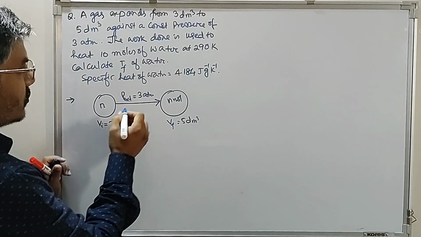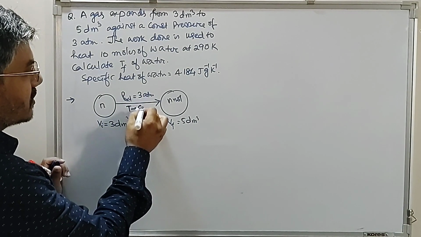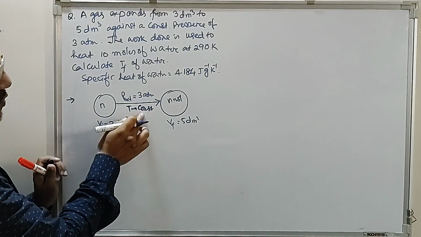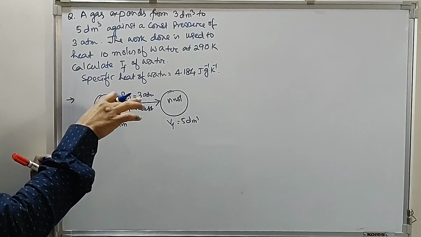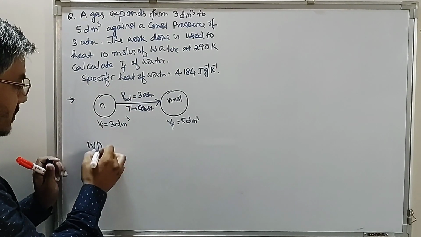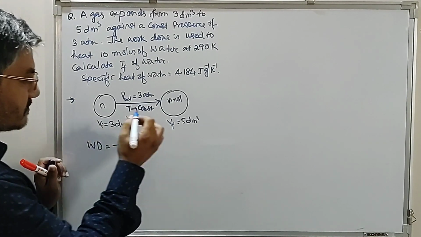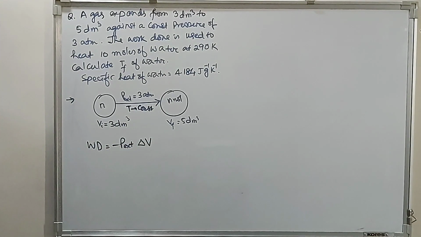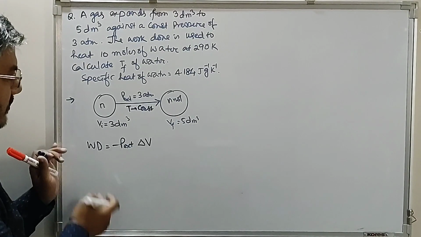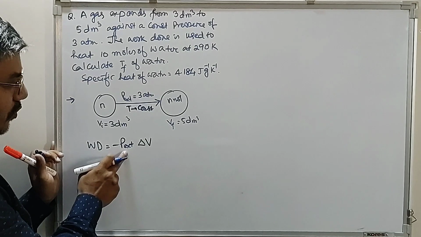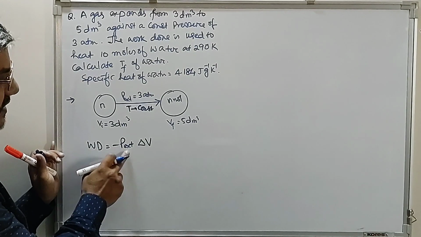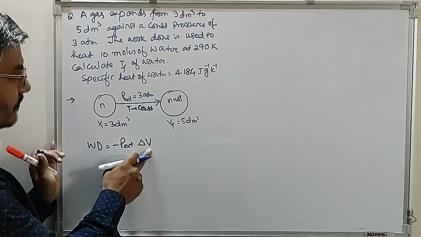So the temperature remains constant, so we have an isothermal, irreversible process. Therefore work done is equal to minus P external into change in volume.